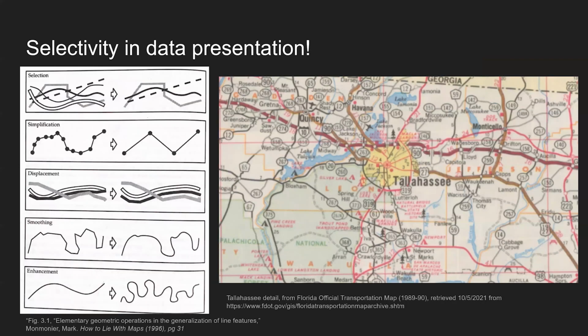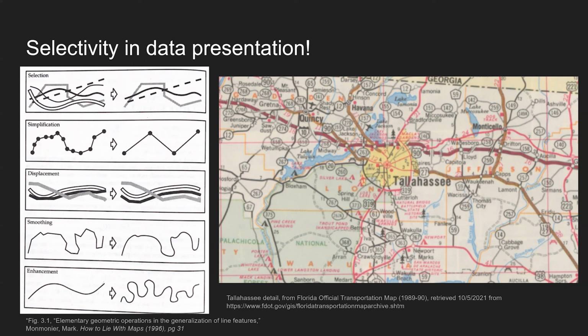So yeah, just be thinking about the types of abstraction that you're willing to use. Be thinking about the types of data that are important to highlight and the data that can be abstracted and suppressed while you're making your map, because you can't show the extent of Tallahassee in as much detail as you want when you have a road atlas of the entire United States. So maybe you only get Tallahassee being represented in this little ring and yellow shading.